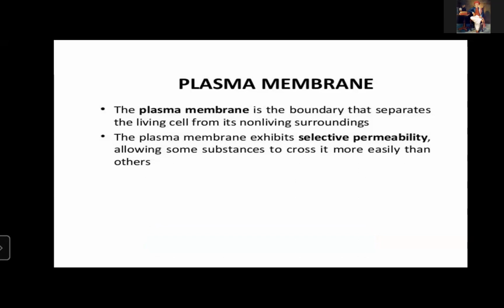It allows entry of certain substances only. That is the selectively permeable membrane. The plasma membrane exhibits selective permeability, allowing some substances to cross it more easily than others. It allows some selected substances only.